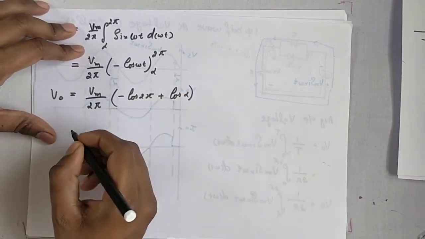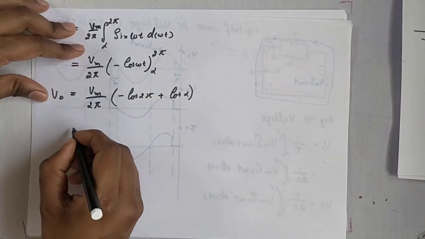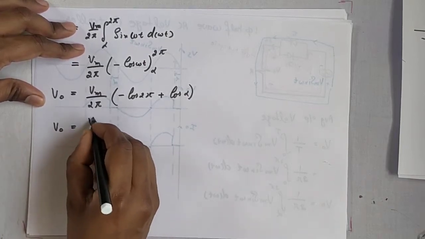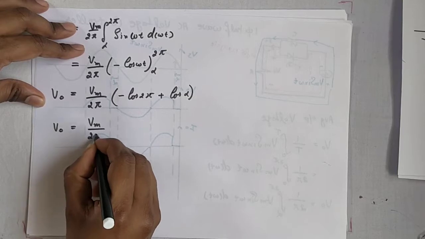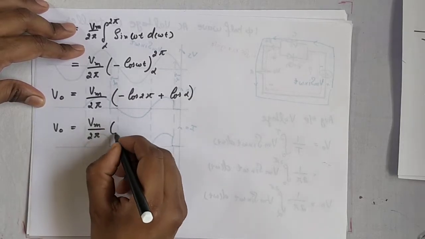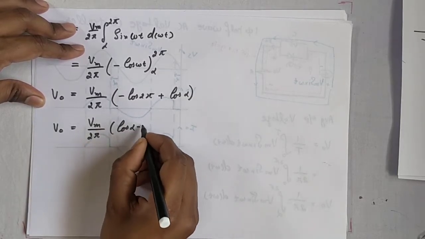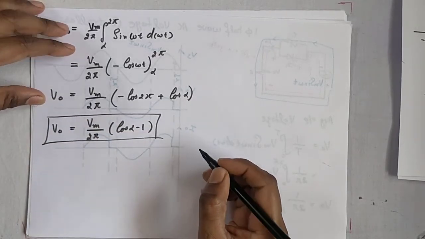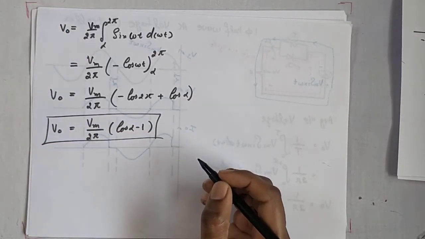Cos 2 pi is 1. So V naught equals Vm by 2 pi (cos alpha minus 1). So this is the average output voltage of single phase half wave AC voltage controller.